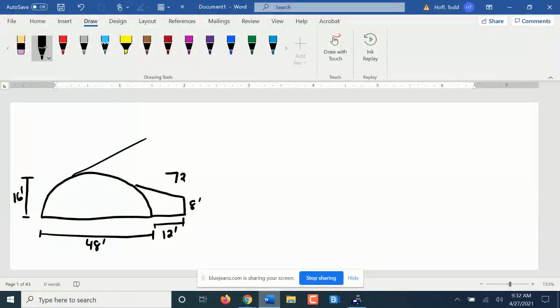And then change the way I draw this so it looks a little bit more like what we were doing yesterday. The 8-foot wall, I'll move back here. This will be 12 feet.